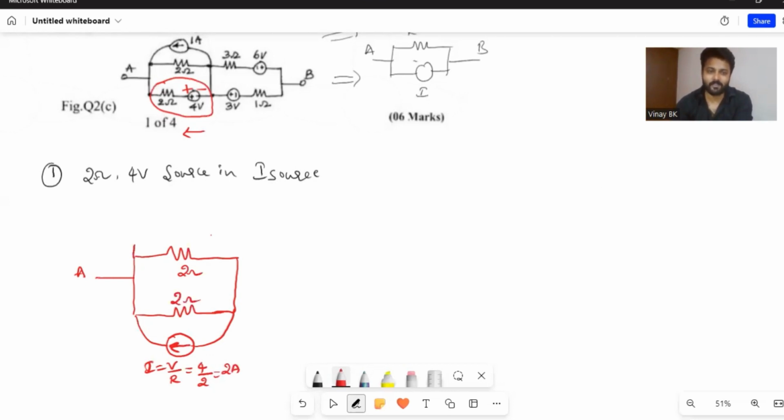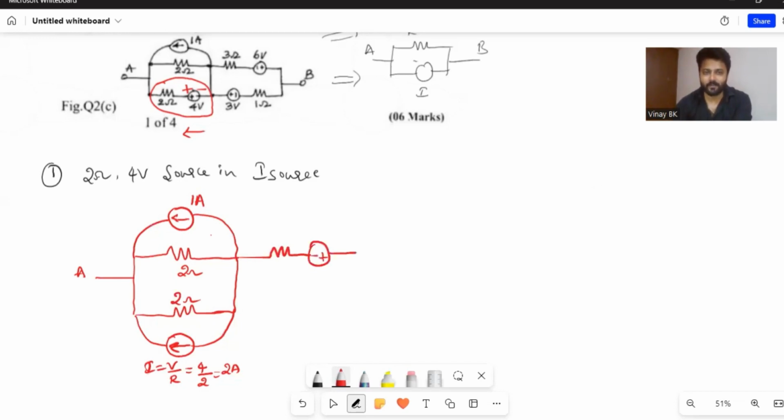Here one more current source is there, that is B to A again. The direction is B to A, and the value of this is 1 ampere, and this combination is in series with these two voltage sources, that is 3 ohm 6 volts minus and plus.